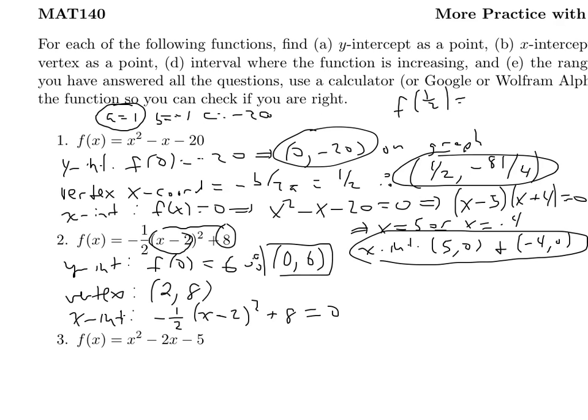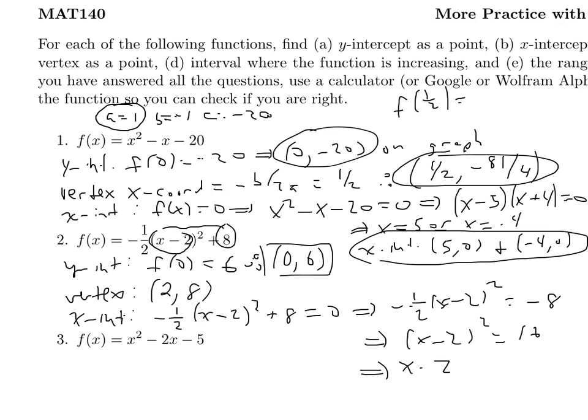I can do that by multiplying out the left side and factoring, but I can also just separate it so that I have the perfect square on the left side. So I have negative 1/2 times x minus 2 squared equals negative 8. Multiply both sides by negative 2, and I have x minus 2 squared equals 16. And then I can take the plus or minus the square root of both sides. So x minus 2 is plus or minus 4.